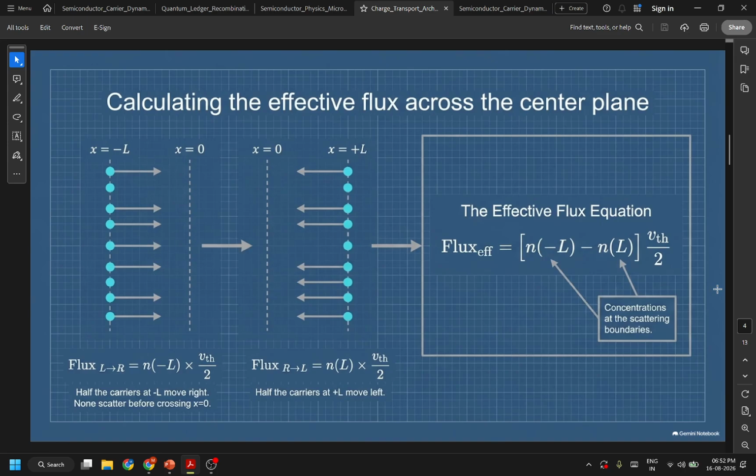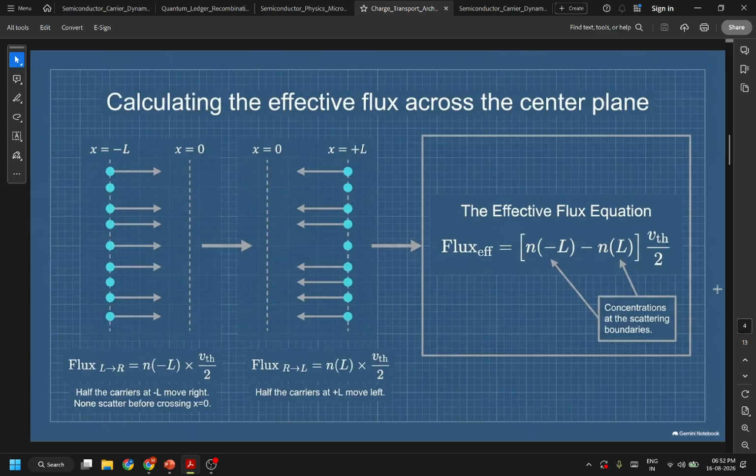So calculating the effective flux across the entire plane, we calculate flux from left to right, which is given as n(-L) v_th/2. Then flux from right to left: half the carriers at -L move right, and none scatter before crossing x equal to 0.